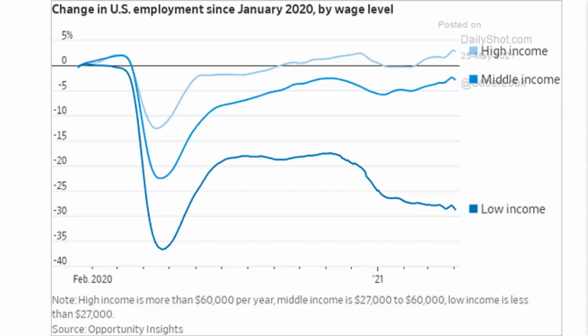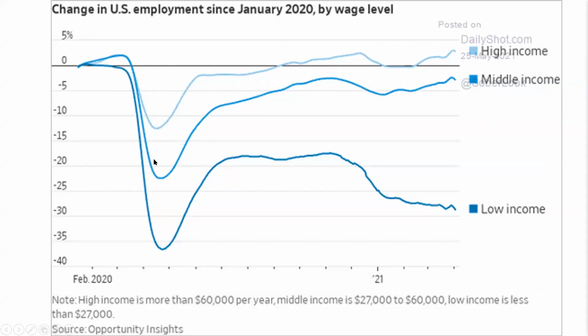The other important factor is that the rebound in employment has not been equal across the different income levels. So here you can see three graphs. The bottom one is the low income level, the middle one is the middle income level, and the high one is the high income. People in the high income level did not suffer very much from job losses. It dipped a little bit, but then it recovered pretty quickly.